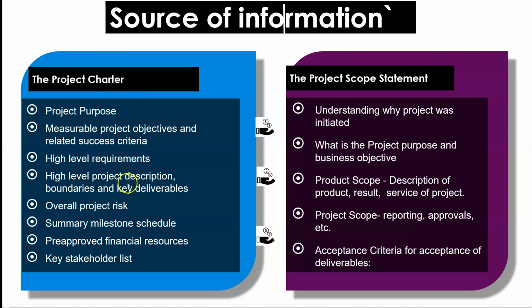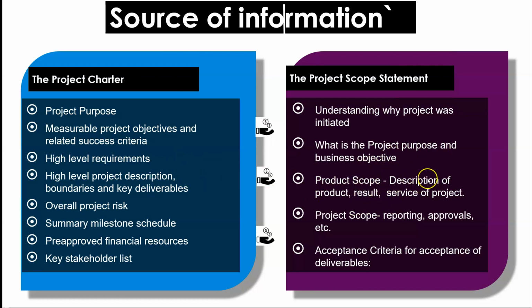We're going to get descriptions, the key deliverables, overall risk, summary milestone schedule, pre-approved financial resources, key stakeholder list. When you look at the scope statement, you have to know why the project was initiated. A lot of it will come from here. What is the project purpose and business objective?